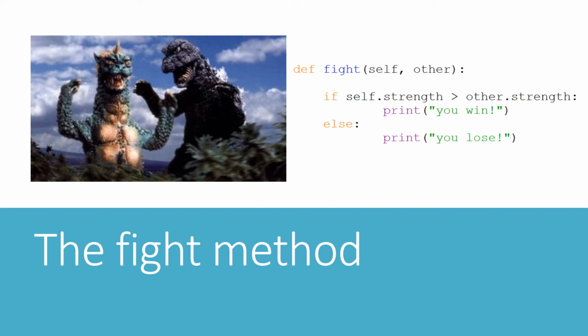You could also return win or lose, true or false, to the main program and display a message in the main program. So there are lots and lots of variants of this. This is the very simplest, and it only allows a fight of strength. So you'll definitely want to expand that to make it more interesting.